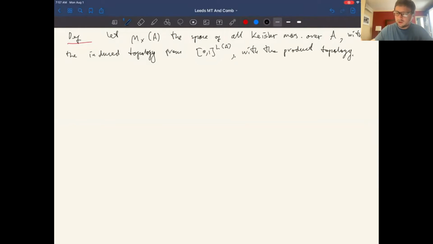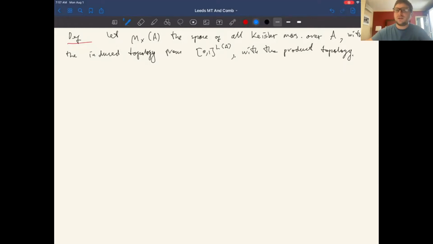Because what is a measure? A measure is an assignment to each definable set of a real number in the interval [0,1]. So we can view measures as functions from formulas into [0,1], hence elements of this product space.